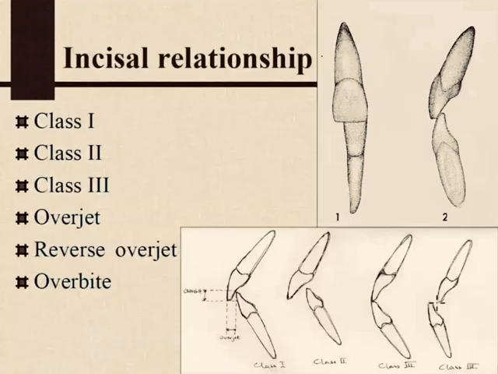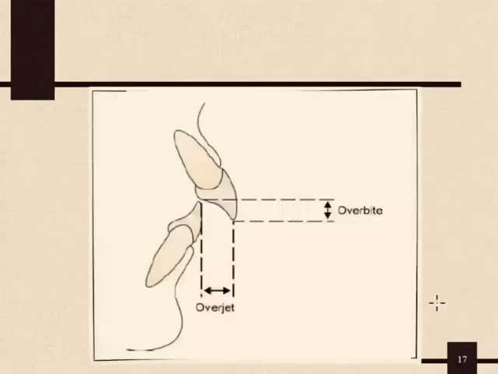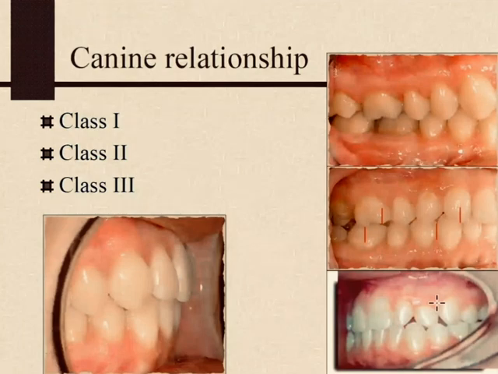Let's go to the canine relationship, which is called canine guidance. We have class 1, class 2, and class 3. The class 1 canine relationship is when the canine occludes in between the mandibular lateral incisor and the mandibular canine.